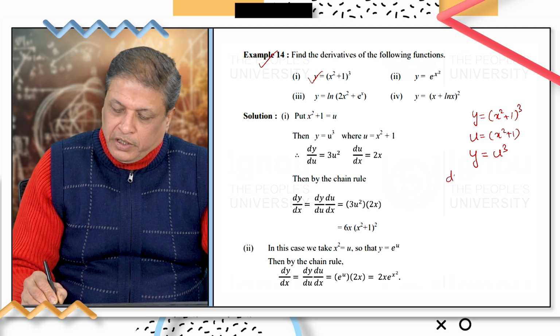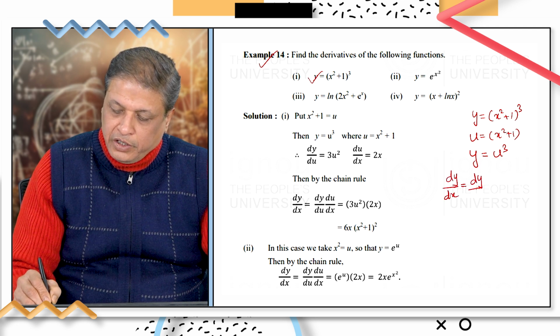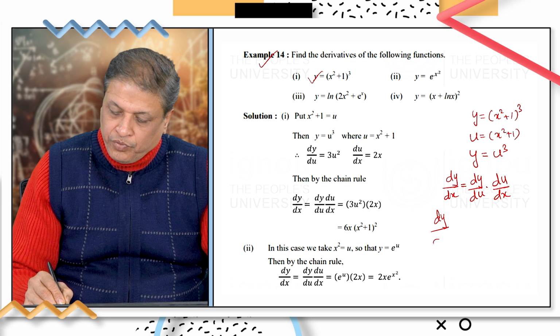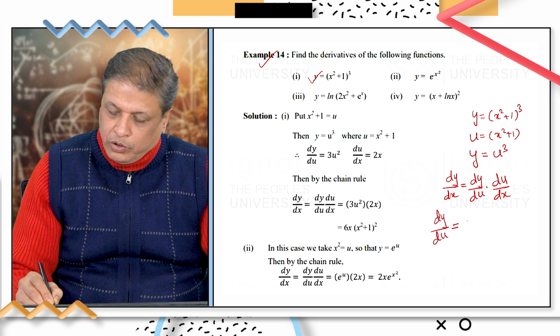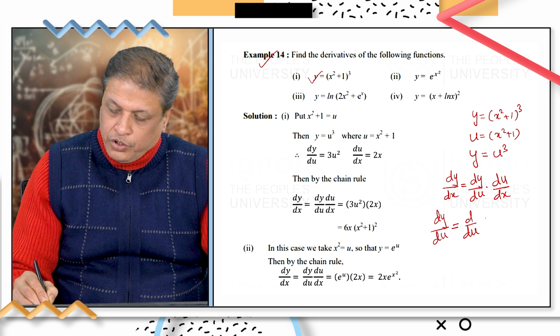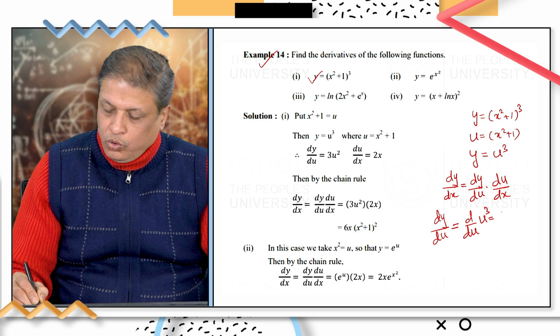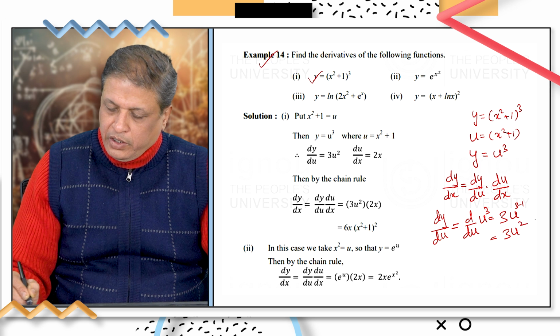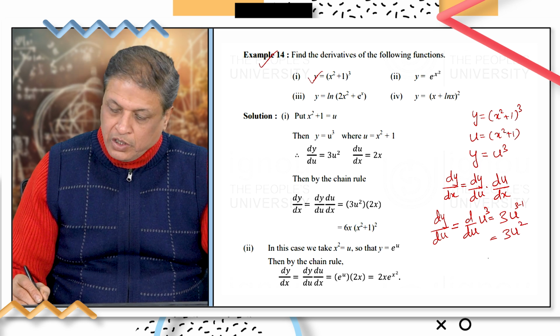In order to determine dy by dx, you are supposed to determine dy by du and then du by dx. So what will be dy by du? dy by du will be equal to d/du of u cube. Applying the power rule, 3 into u to the power 3 minus 1, that is 3u square will be dy by du.